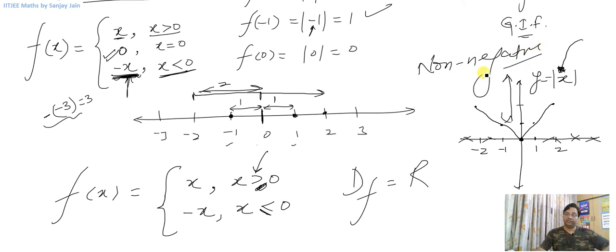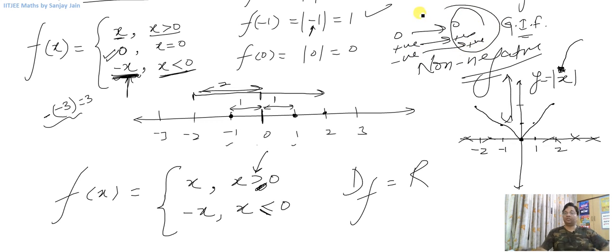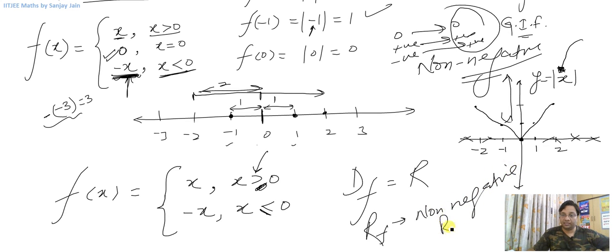So if you put 0, it will give you 0, but if you put anything positive, it will give you positive. If you put anything negative, it will give you positive. So it always gives you non-negative real numbers as its range. So what is the range here? Range is set of non-negative real numbers, right?